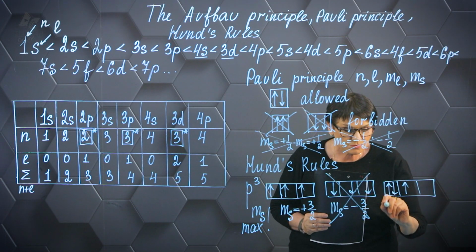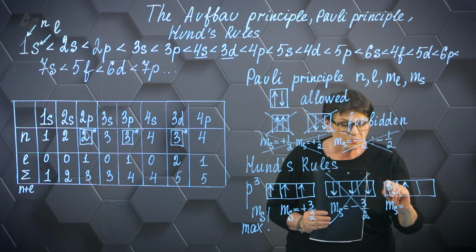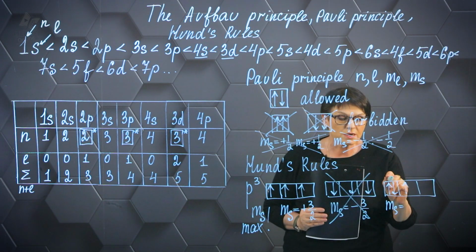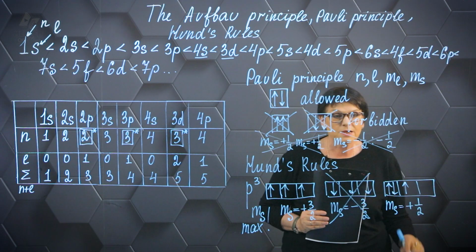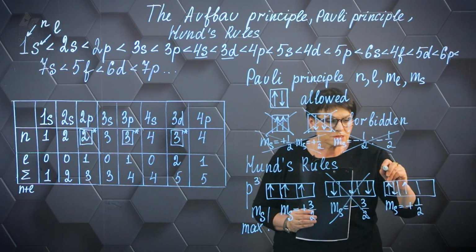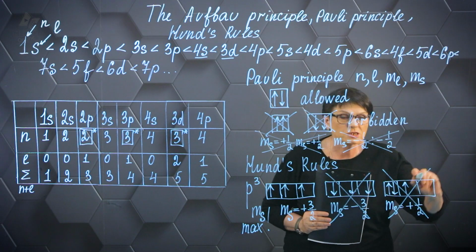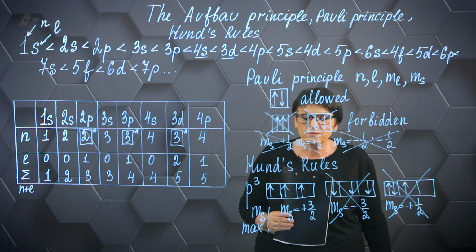Now further, as it would be here, we would say plus 1 second, minus 1 second, 0 across the cell, and in this case, it would be plus 1 second. So this placement would also be incorrect, prohibited.